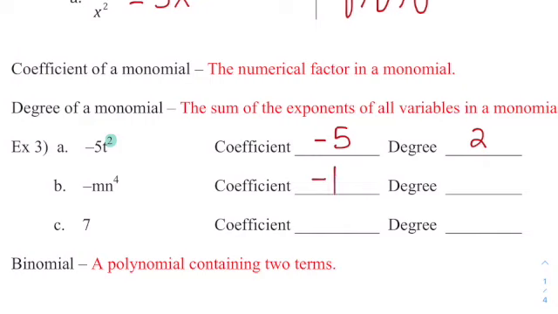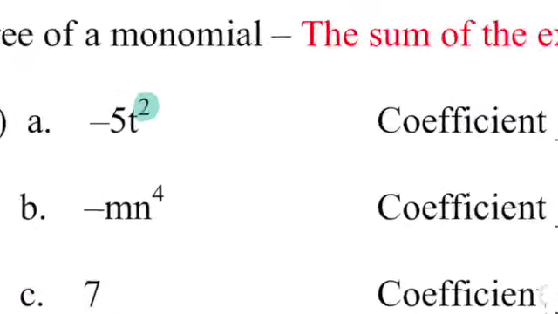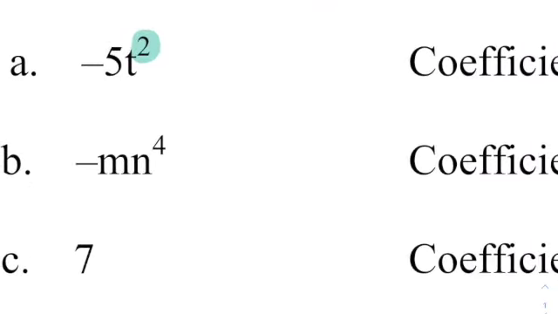And the degree is tricky because I have 2 letters. And because you have 2 letters, you guys have to understand, remember before, anything to the 0 power is 1, but m is not to the 0 power. So therefore, I really have a 1 here.